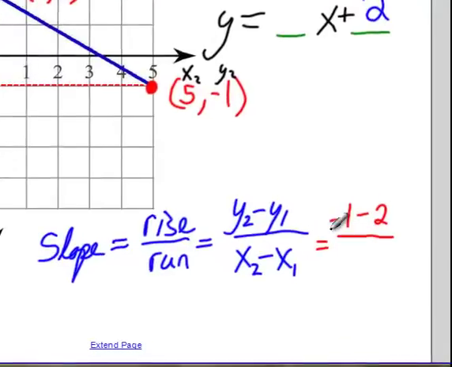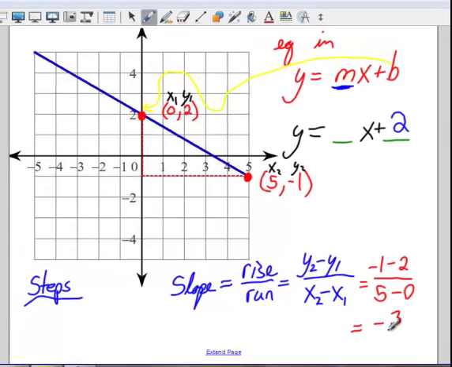Alright, so my slope has a rise of -1 minus 2, and x2 minus x1, so x2 is 5, x1 is 0. Let's simplify that, so I get -1 minus 2 is -3 over 5, and that is my slope right there.